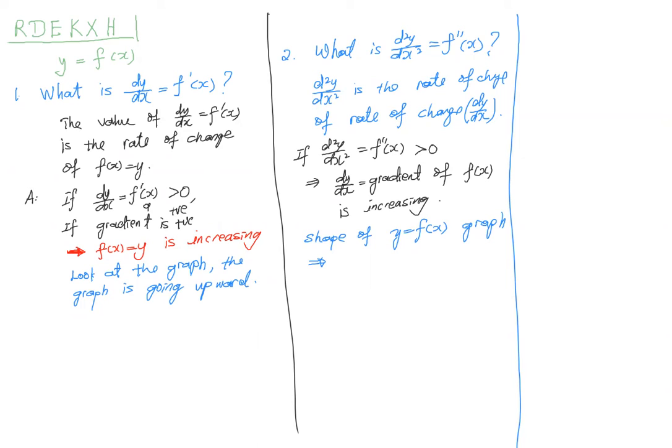So the shape of the y equal to fx graph is convex. Convex, or we call it concave, upward or downward?